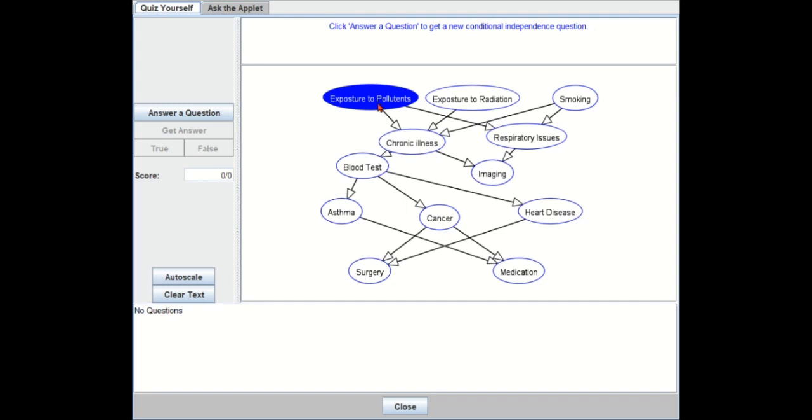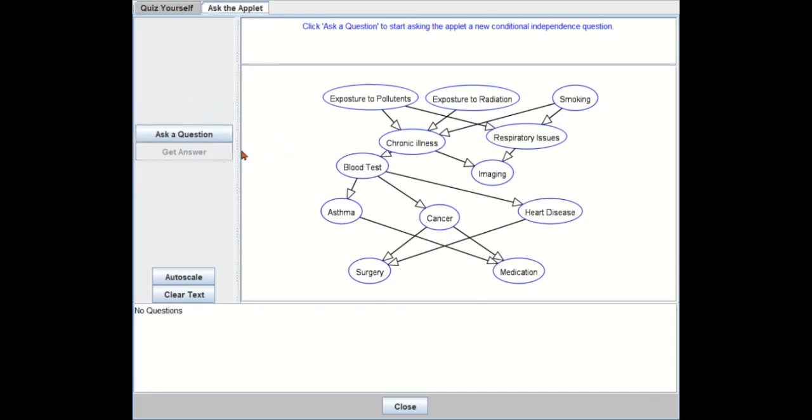If we have to test any of the interdependencies, we randomly select any interdependencies or nodes and it will give us a question. Either we can quiz ourselves or there is an option called ask for applet. If there is someone new who doesn't know about our network, then the person can learn about our network using this function.